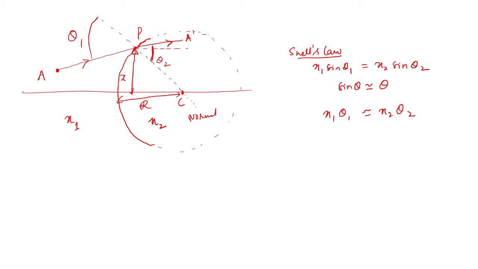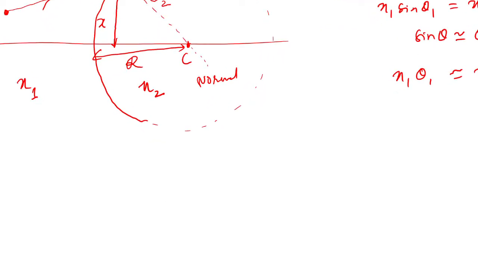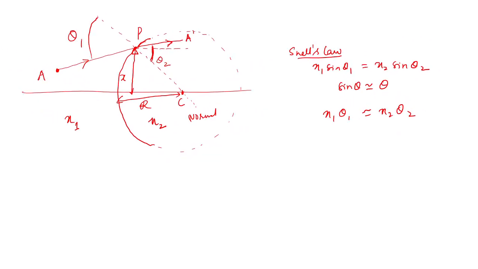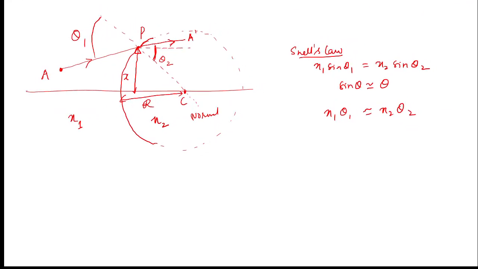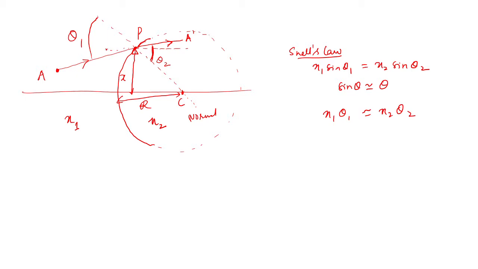So now what we will do is draw a horizontal through the point P, the point at which the rays are incident. If you recall our discussion on translation, we call this angle with respect to the horizontal alpha.